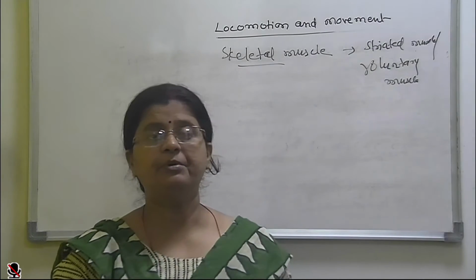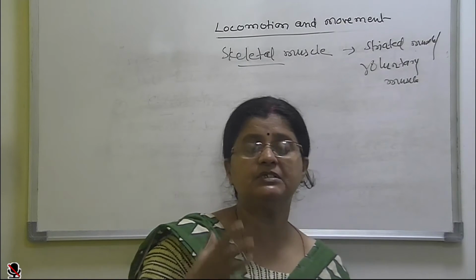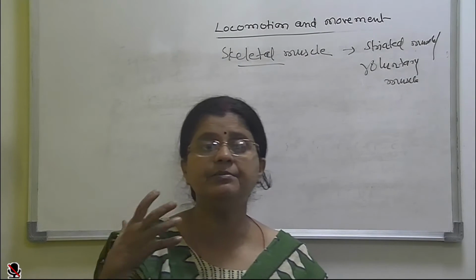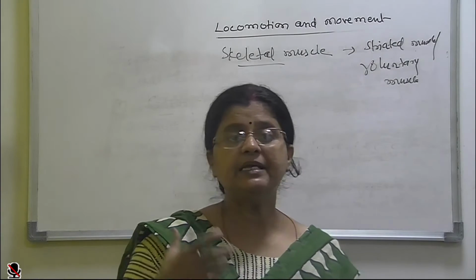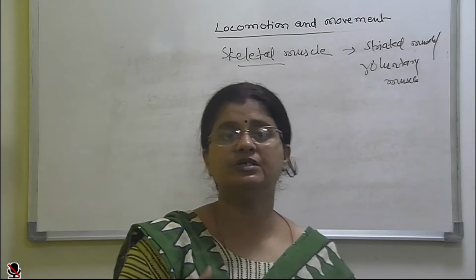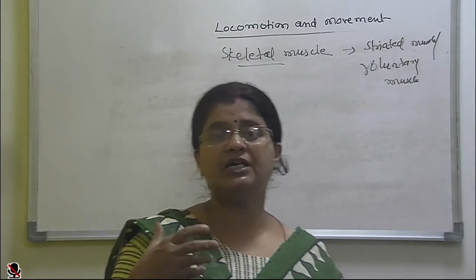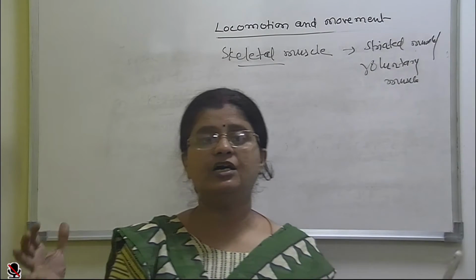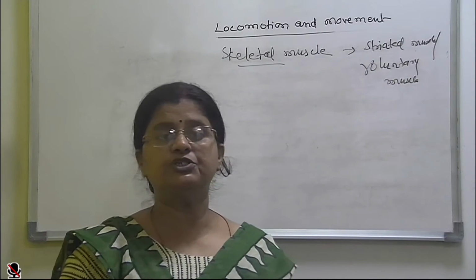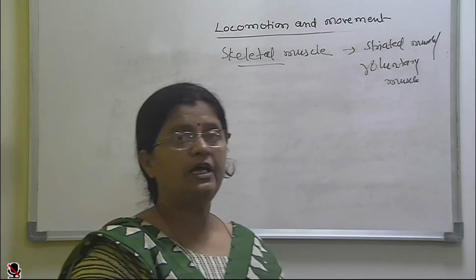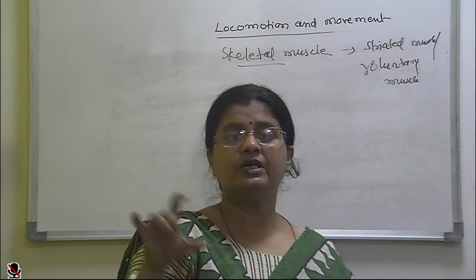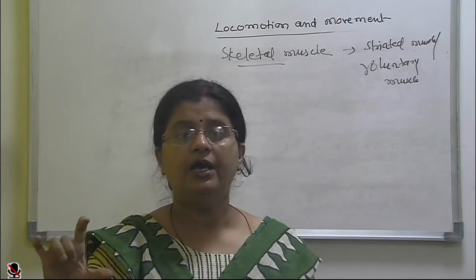So here remember that this skeletal muscle is mainly made up of many muscle bundles or fascicles which are held together by a common collagenous connective tissue, and this we call fascia, right? This common collagenous connective tissue layer is called fascia.